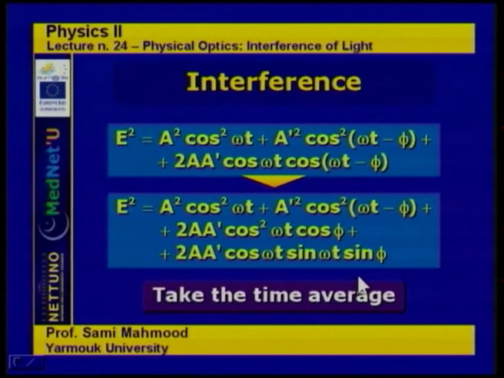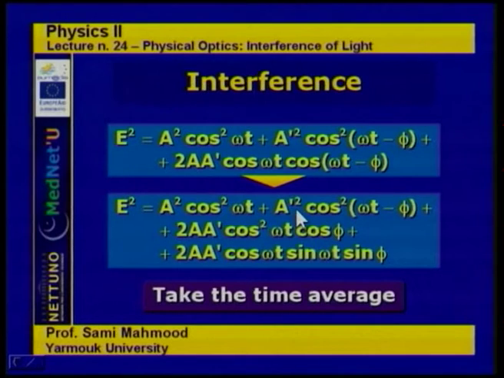And now if we take the time average of this square electric field, the time average of the cosine square omega t is equal to 1/2. The time average of the cosine square of omega t minus phi is also 1/2. This also has cosine square omega t, the time average of it is 1/2. Now, the average of cosine phi is cosine phi, of course, because it's assumed constant.